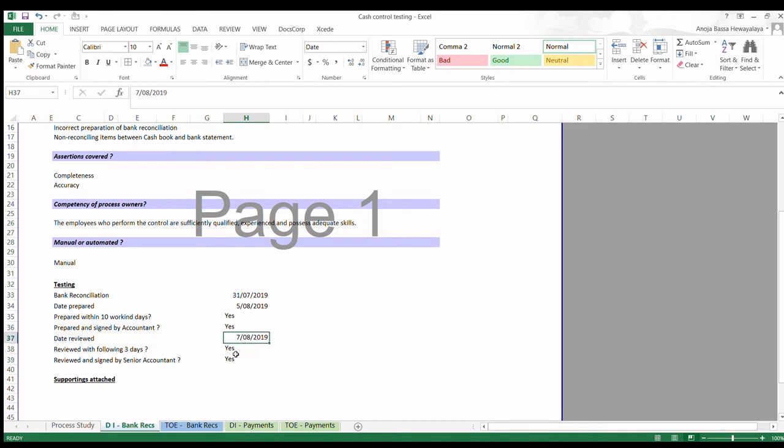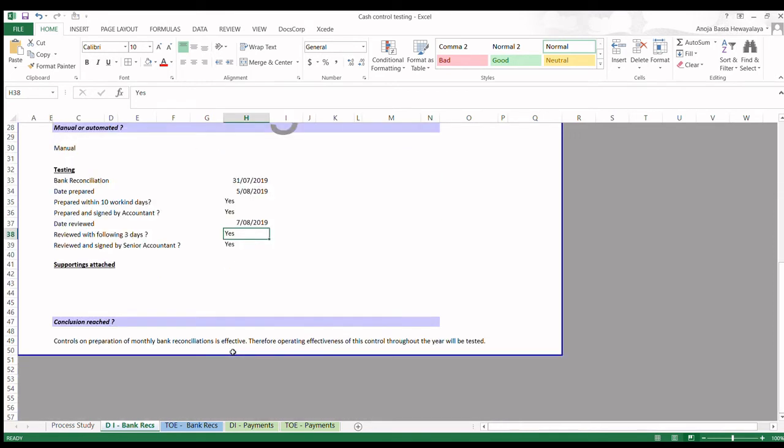Yes, so my conclusion is effective. Design and implementation of this process is effective. Therefore, I am going to test the operating effectiveness of this control, and I have kept the space for attaching the support. If you would like to attach the supporting in the Excel itself, you can attach it there.